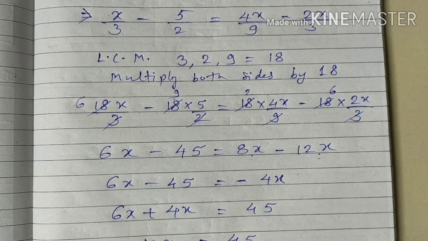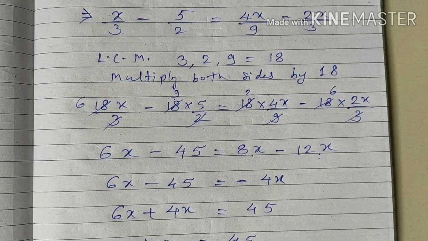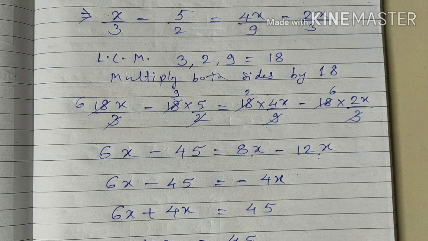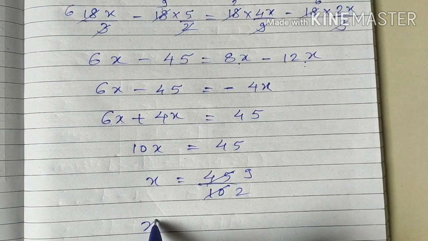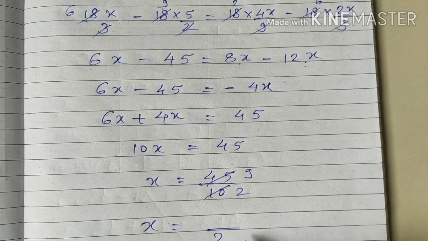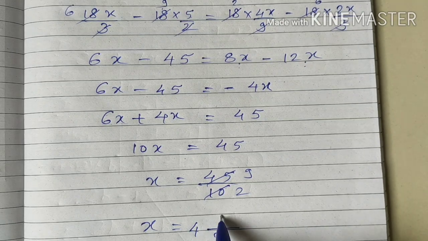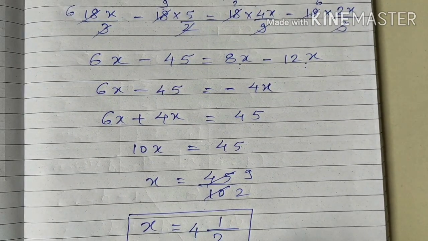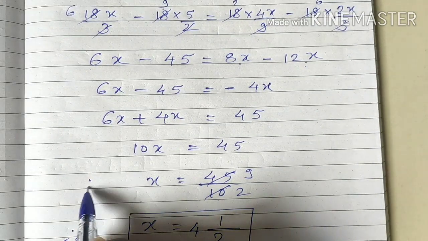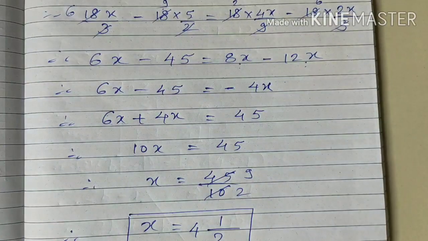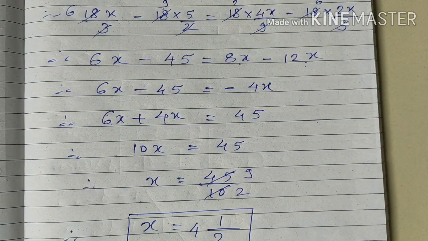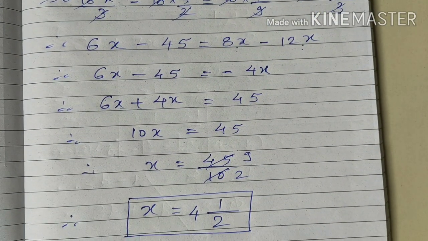So to calculate the value of x, it becomes 45 upon 10. 5 2s are 10, 5 9s are 45, correct? So it is 9 upon 2. This 9 upon 2 can be written as 4 and 1 upon 2. This is the value of x. Got it, everyone? So like this we can find out the value of x.